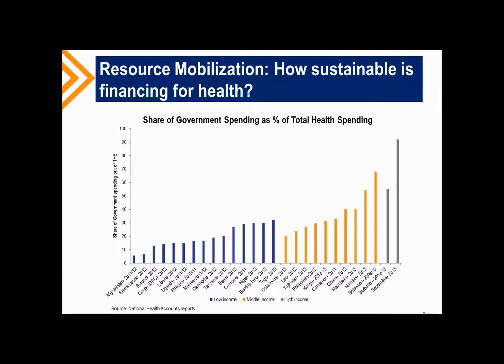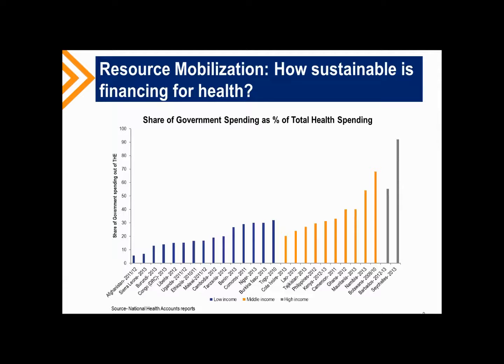You can see across income groups that typically the share of government spending is increasing, and within income groups there is variation in the share of government spending. Focusing on the left-hand side of the graph, the low-income group, you can see that almost half of the countries in that group have government spending representing less than 20% of total health spending, which is on the low side.